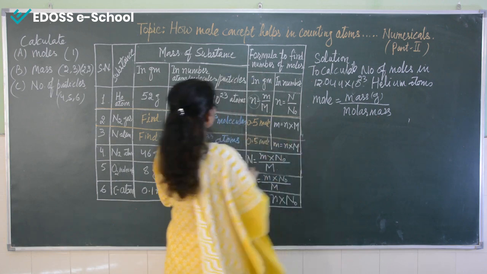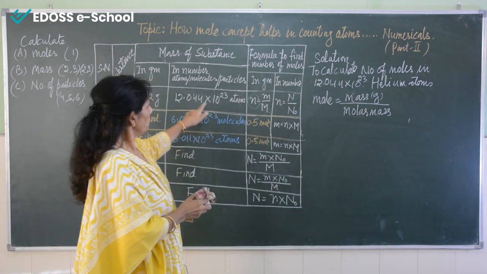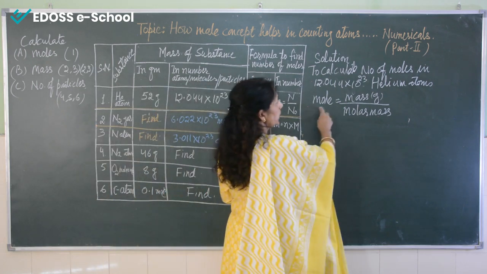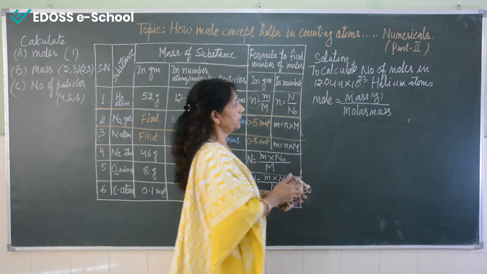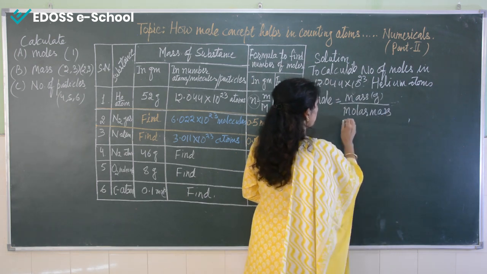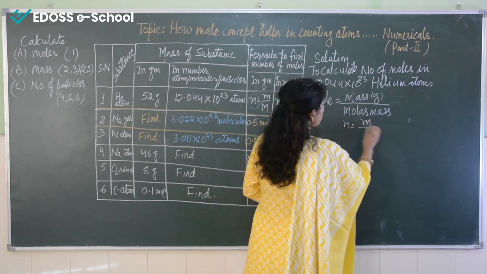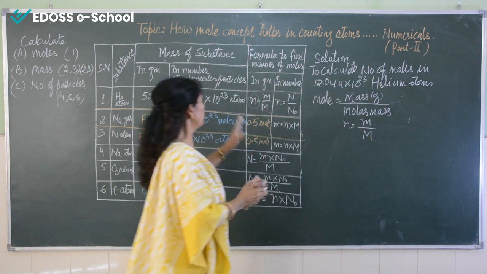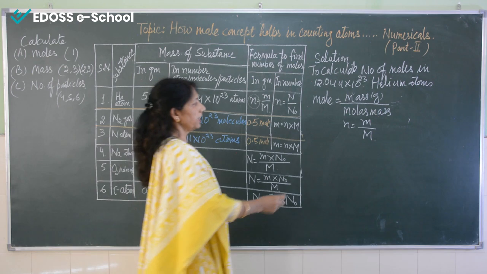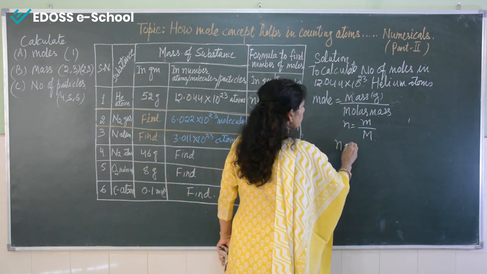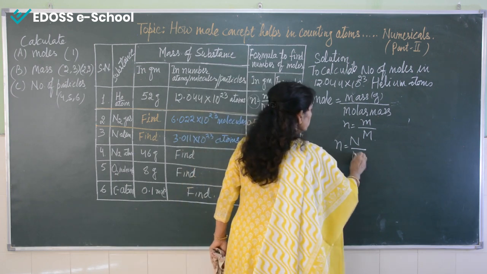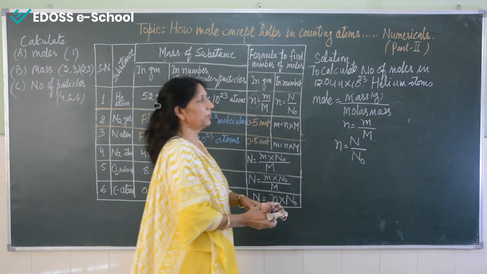Because the number of atoms is given here, if mass is given in gram, then we take this formula: N is equal to M upon capital M. But if the number of particles, or number of atoms or molecules, is given, then we say N is equal to number of particles upon Avogadro number.